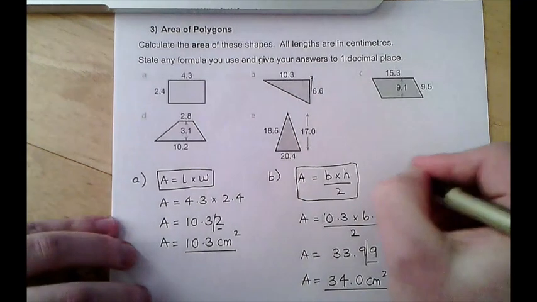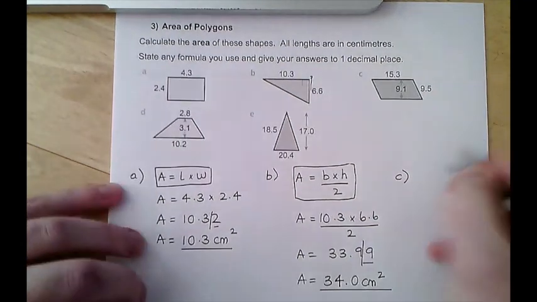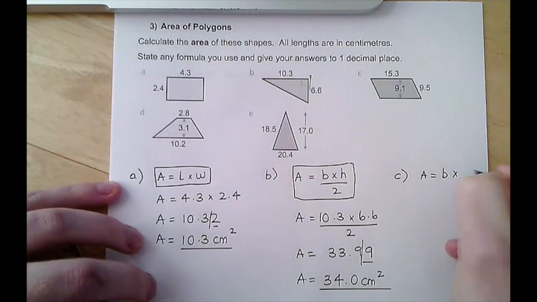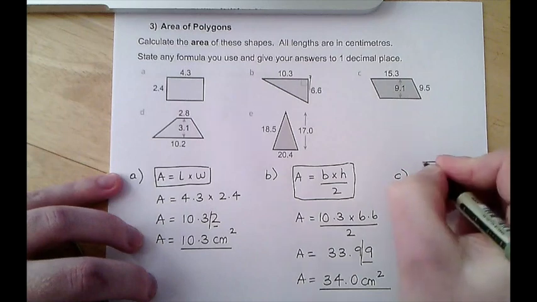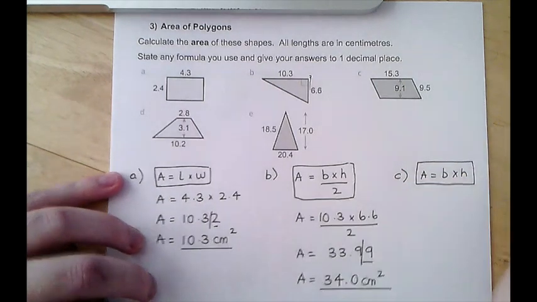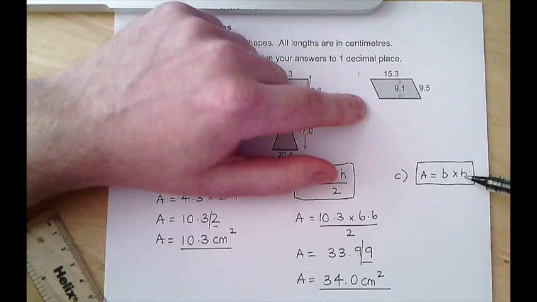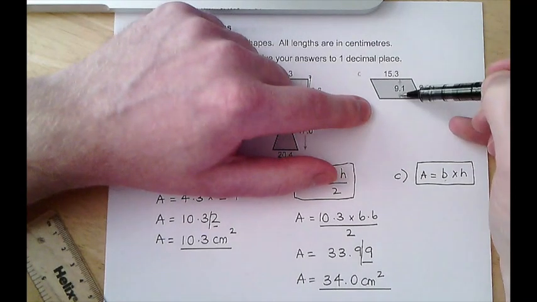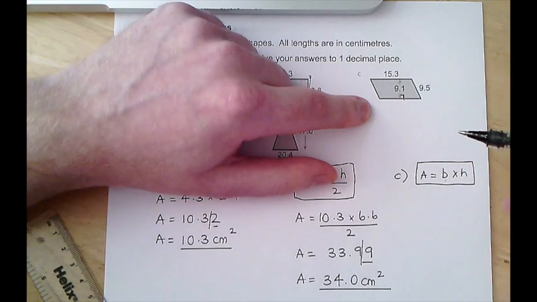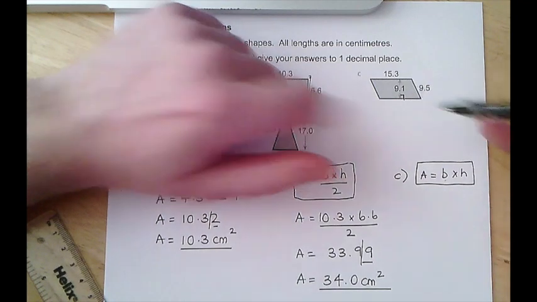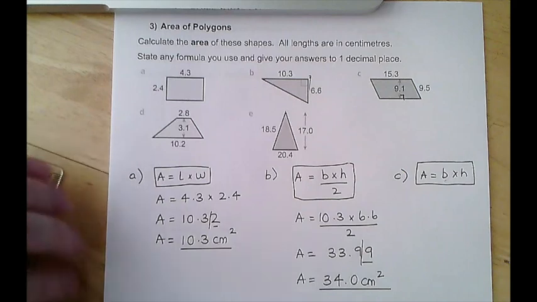Part C, this one here is a parallelogram, and we should know the area is base times height, or more precisely and more mathematically accurately, base times perpendicular height. In other words, it's perpendicular to the base, at right angles to the base, so that is that distance there, not the 9.5, and that's a really common mistake that people make.